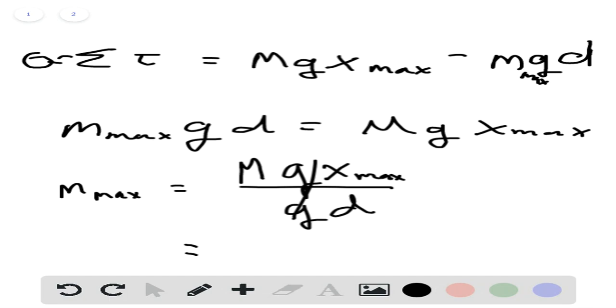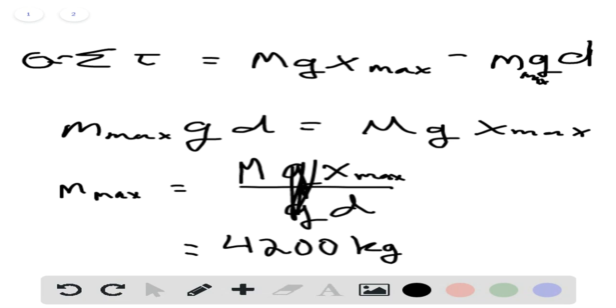It's just what we didn't use before. But big M is 9500, which was 2800 before. So we have 9500 multiplied by 3.4 divided by 7.7. This gives us a mass of 4,200 kilograms.